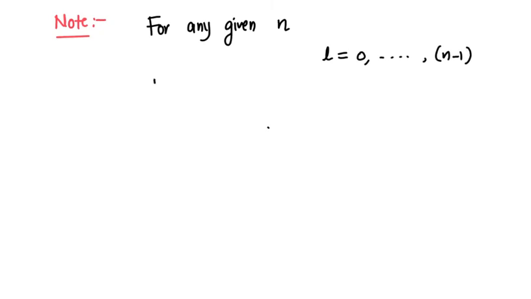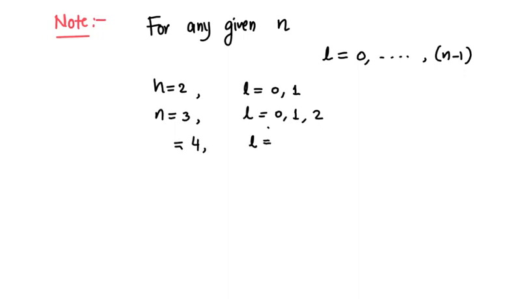If n is 3, then l can be 0, 1, 2, and so on. So the maximum value of l is going to be n minus 1, and you will use this in one of the homework problems.